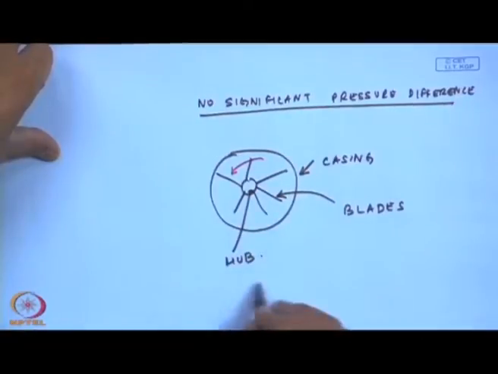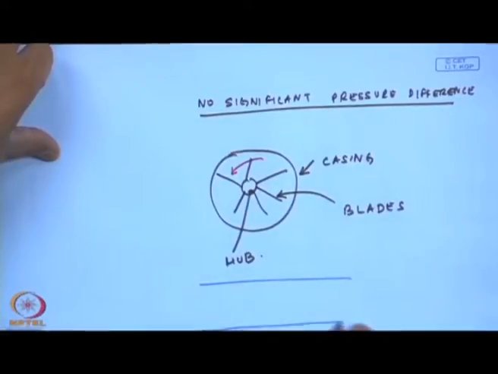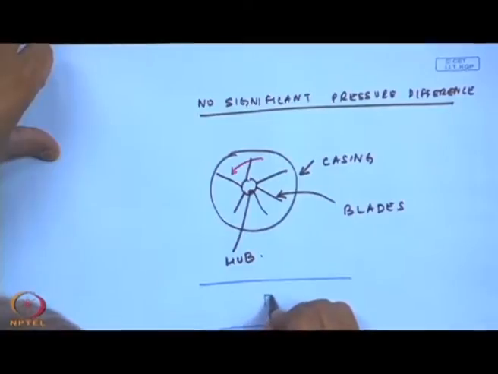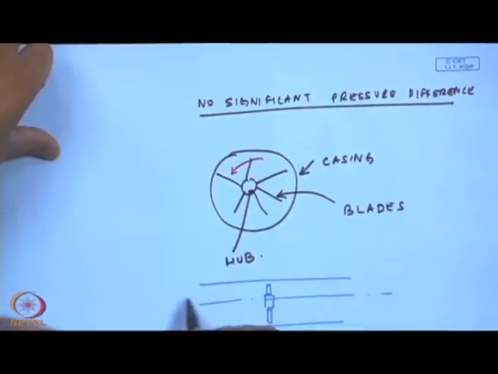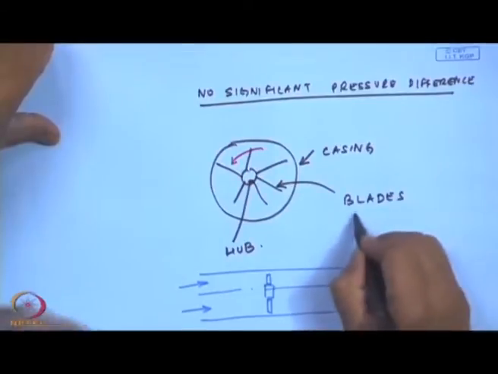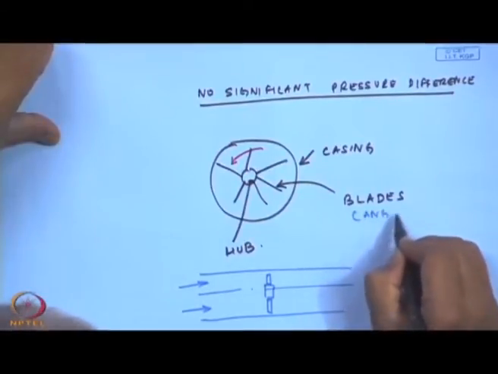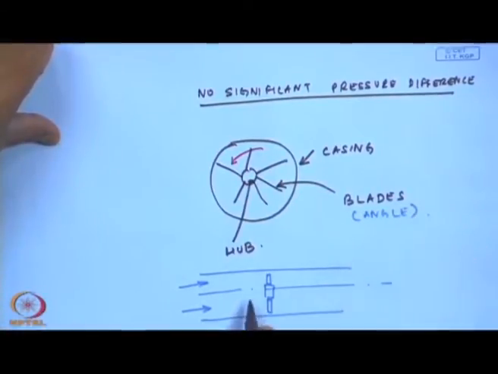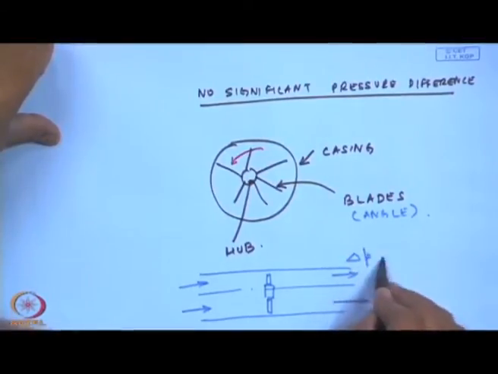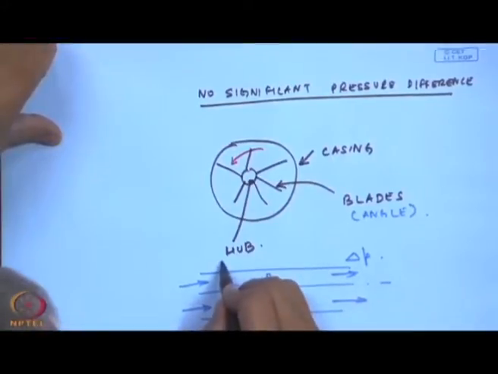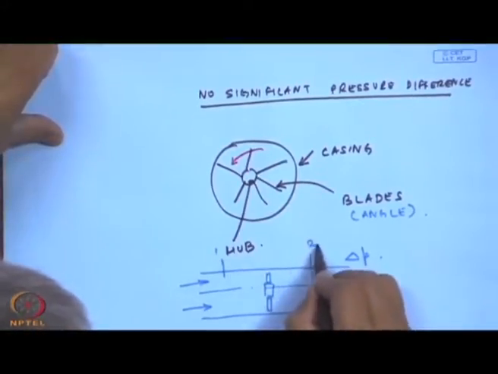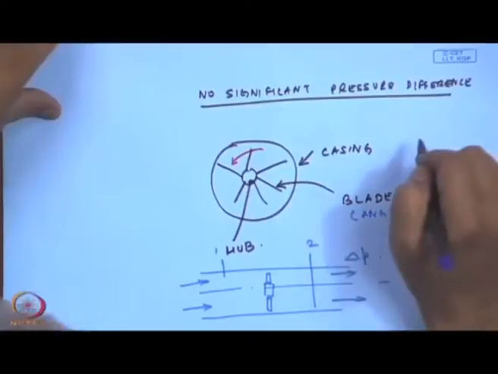So, this could be axial, wherein I have a set of blades on a hub, and these blades are usually at an angle, so I will slightly increase the pressure. Between station 1 and station 2 there will be an increase in pressure, and that is essentially a fan.